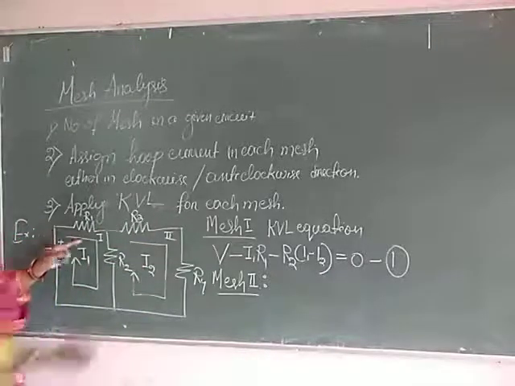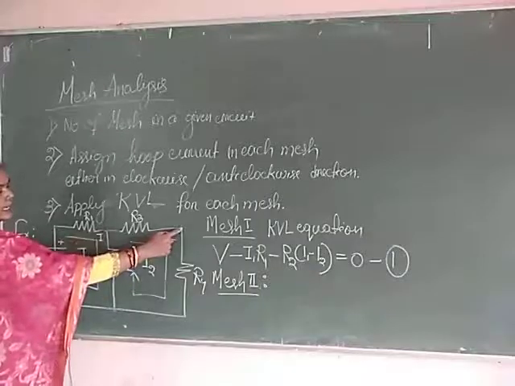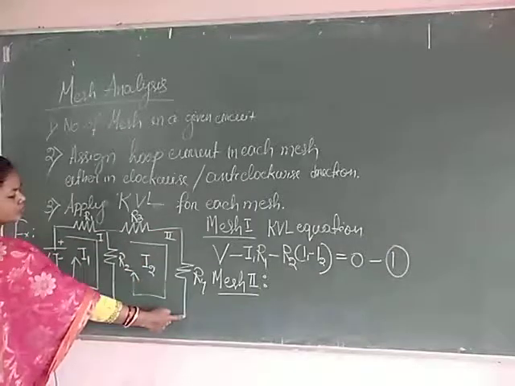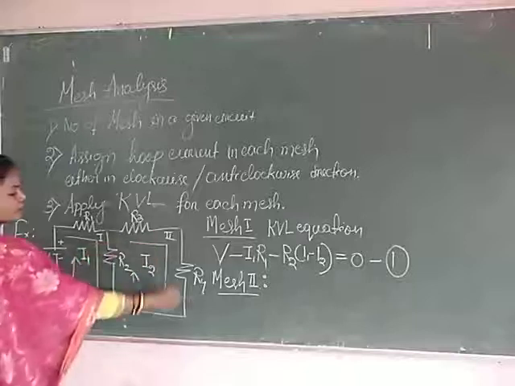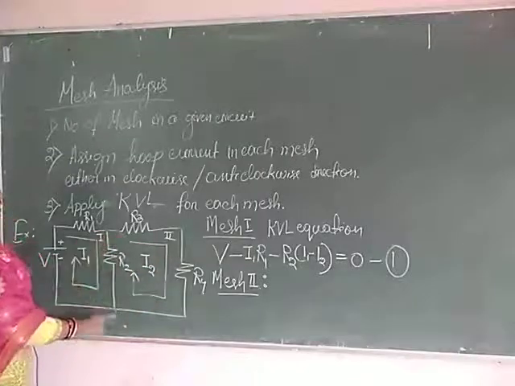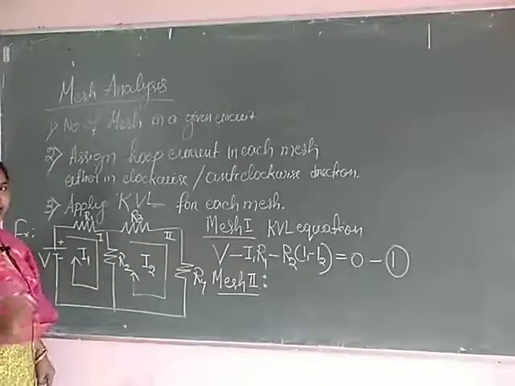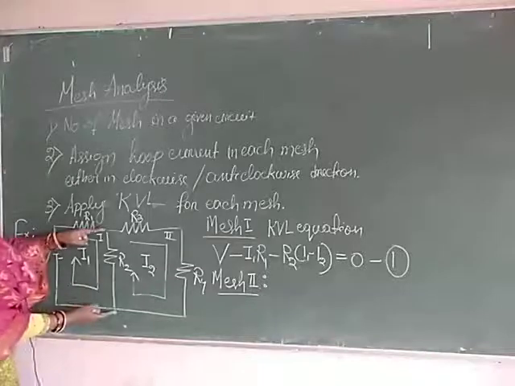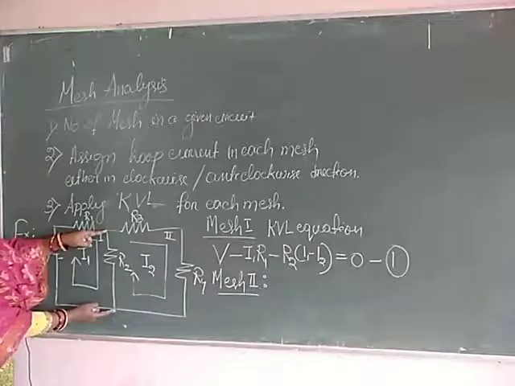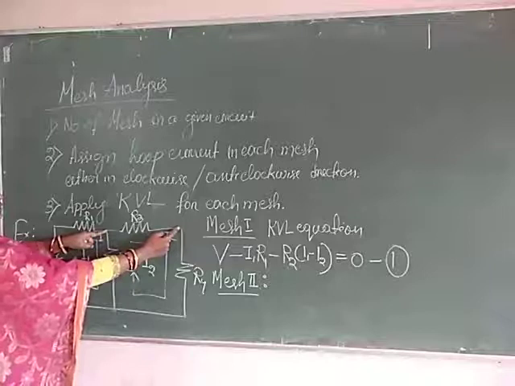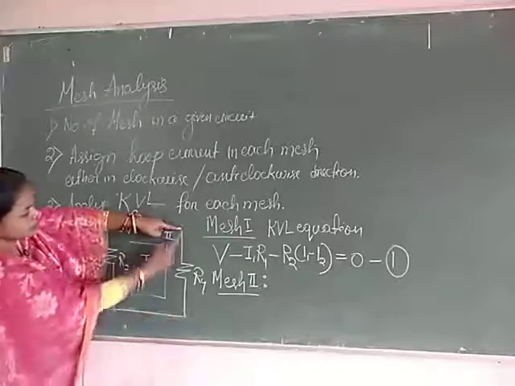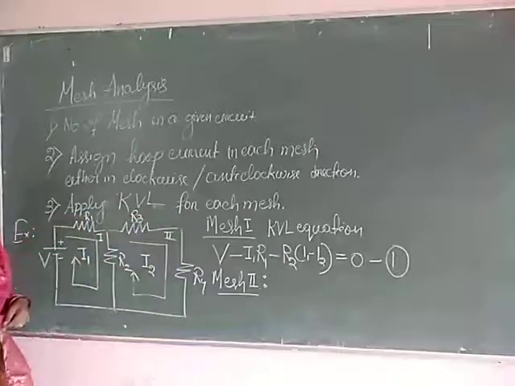Which voltage drops? Across R2, across R3, and across R4. Again I say, across this point R2, across R3, then across R4. Clear?